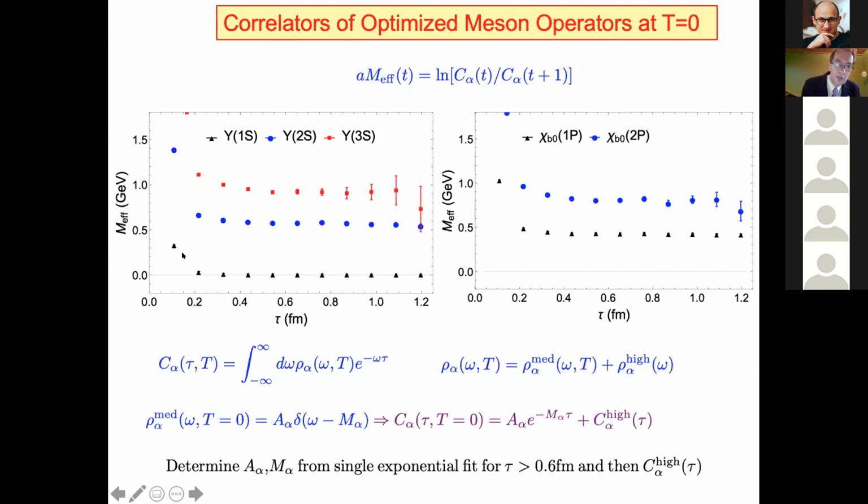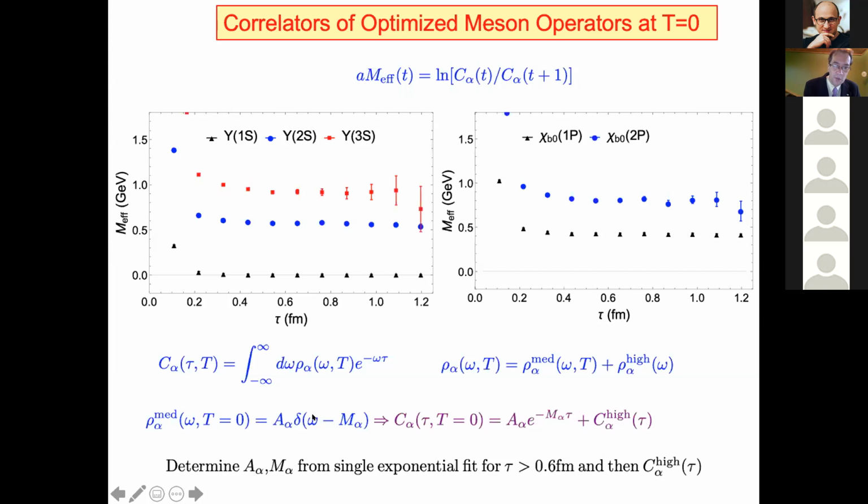Of course, there is still some residual part which comes from the high energy part of the spectral function. So if we want to parameterize our spectral function, we could think of it as consisting of a rho medium, a low energy part which can be influenced by the medium and encodes all the bound state physics, and the high energy part, which to first approximation is given by perturbation theory, although the explicit form of that part is not essential.